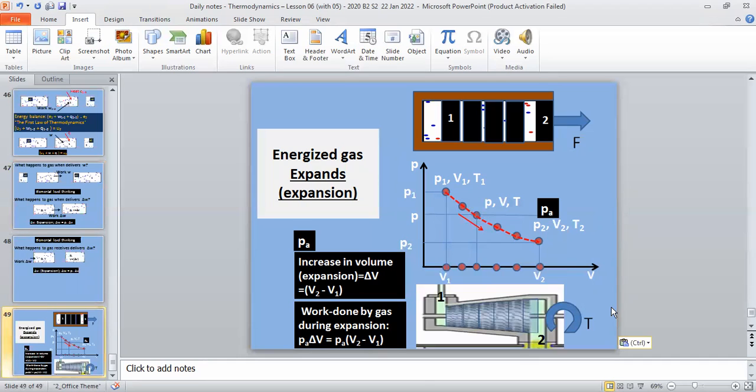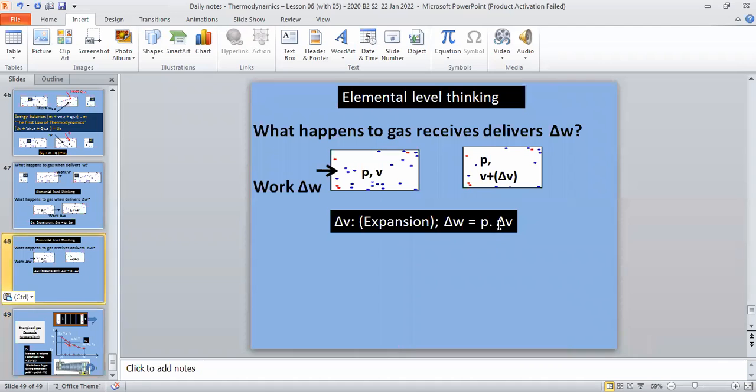Yes, this compression, the tiniest change of delta V. I take this. I look for this tiniest change, maybe expansion, positive or negative.